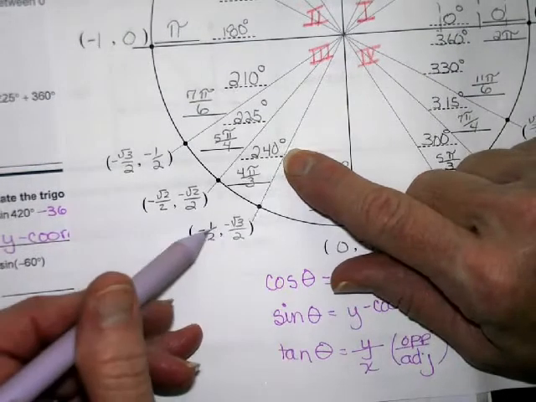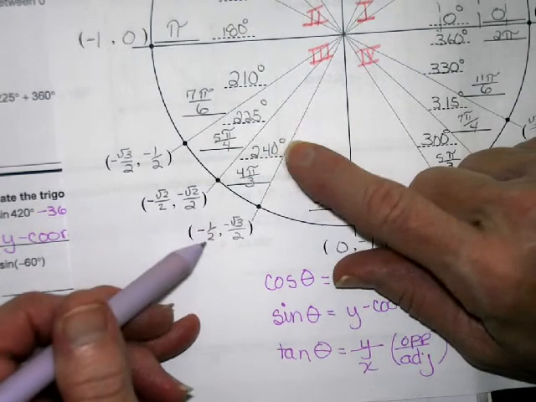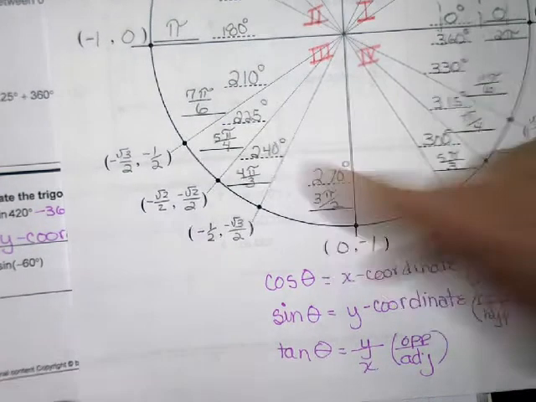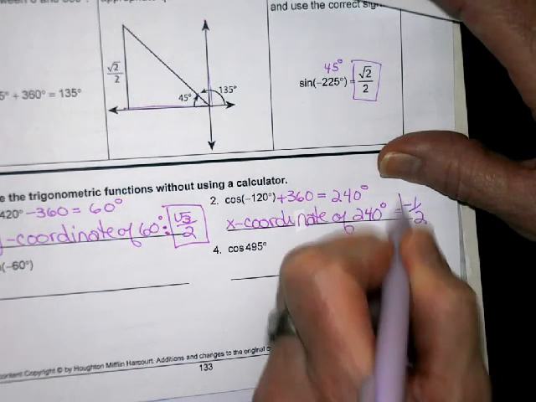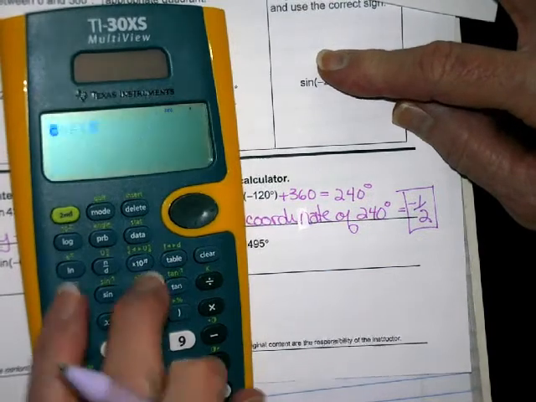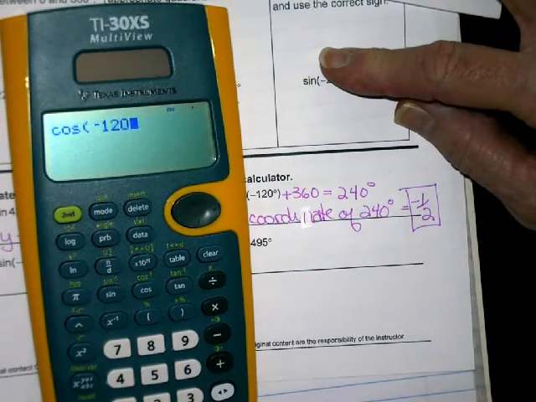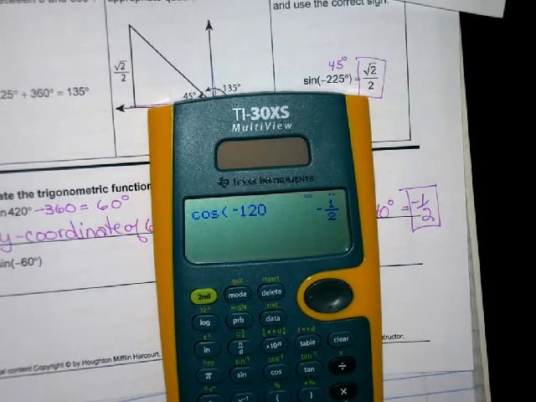And so, if you've got the two measures, the x-coordinate of a 60-degree is 1/2, but since it's in the third quadrant, it's a negative 1/2. And you can put in the original angle, cosine of negative 120, and come up with the same result, verifying your truth.